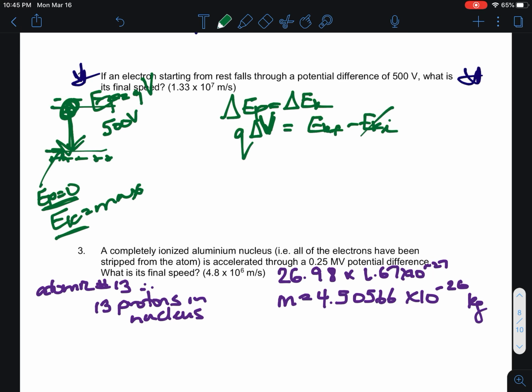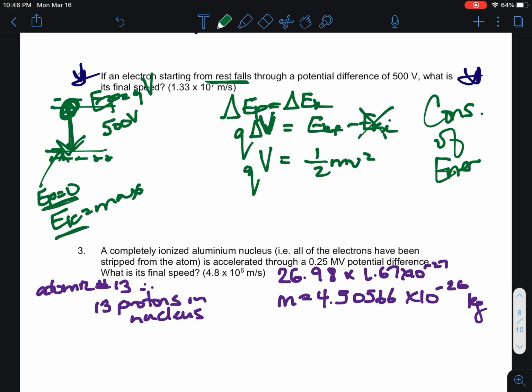In this case, it started from rest, it says that. So there is no EK initial, and this formula then looks really pretty with QV, or Q delta V, those two are the same thing, is equal to 1/2 mv squared. And this is conservation of energy. Potential energy lost is kinetic energy gained, and you will use this relationship through the rest of the course.